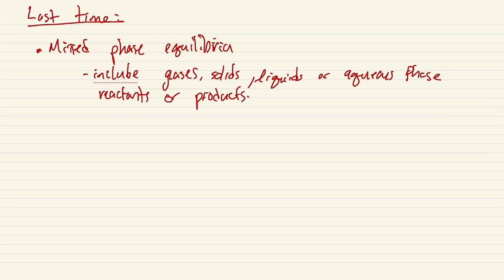And so what was the big takeaway looking at mixed phase equilibria? Does anyone remember? How do we treat solids, liquids, gases, and aqueous? What do we include and what do we exclude from the equilibrium constant? Yep, that's right.